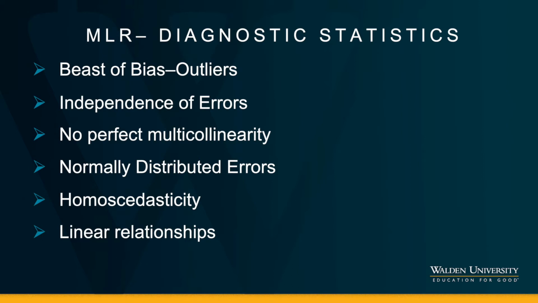Let's take a moment to understand why testing of assumptions and the diagnosis of our model is important. The bias or any other violations of assumptions will influence how well our model predicts. Remember that we are here to estimate parameters. We are using our limited sample data set to estimate the model for the greater population.